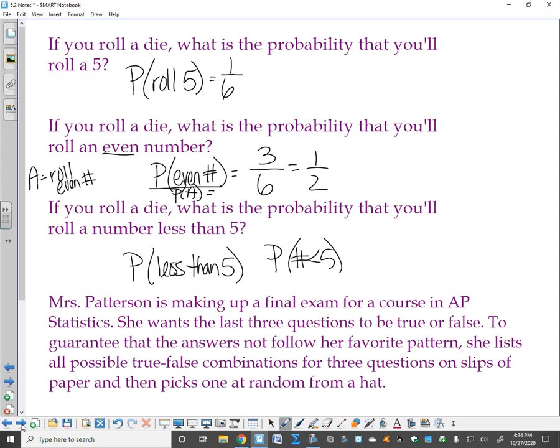So I can say probability that a number is less than 5. Well, I've got 1 through 6. 1, 2, 3, and 4 are all less than 5. So that probability is 4/6, which reduces to 2/3. Again, you could turn these into decimals if you wanted to. If it's multiple choice and they go decimals, you go decimals. If they say fraction, you say fraction.